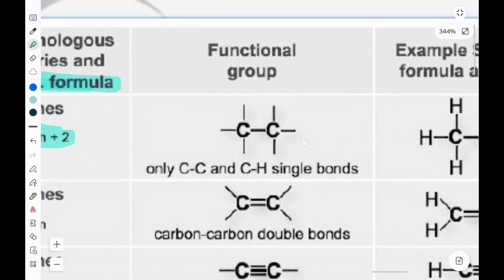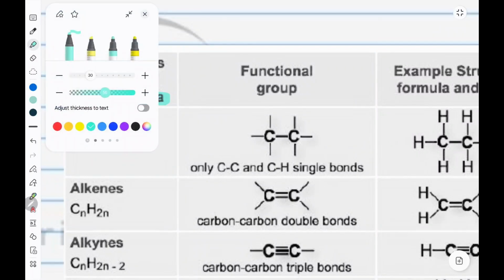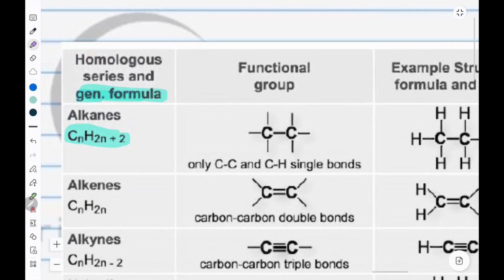So in this case, every type of organic molecule that belongs under the homologous series alkanes, the name of the homologous series being alkanes, has a functional group that is a single bond. So all alkanes will have single bonds.